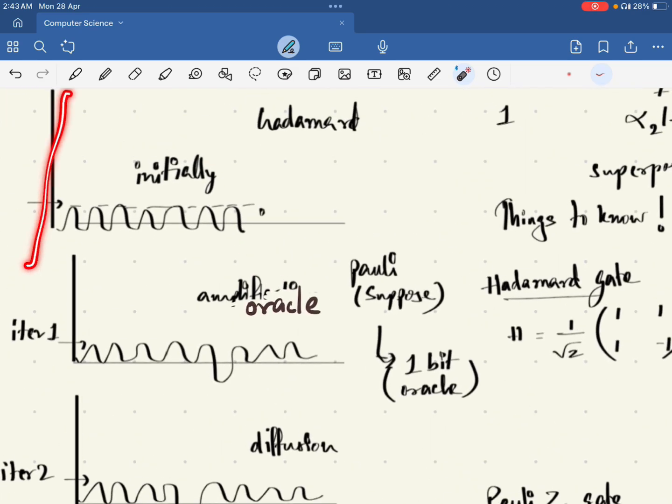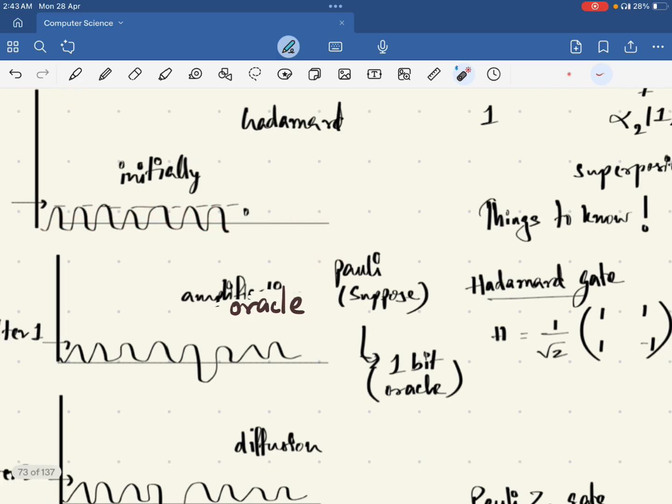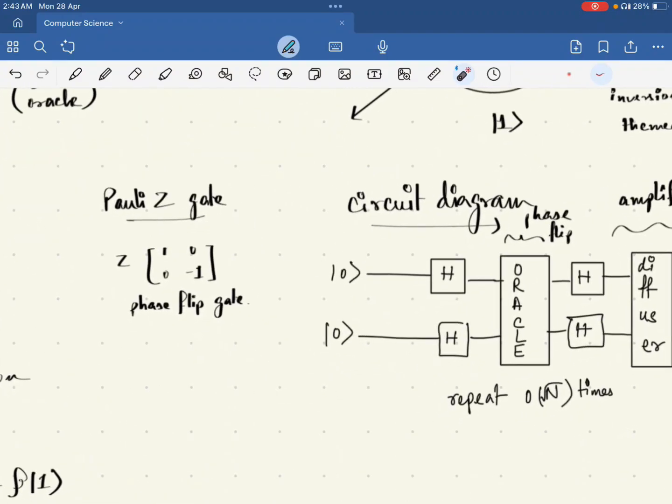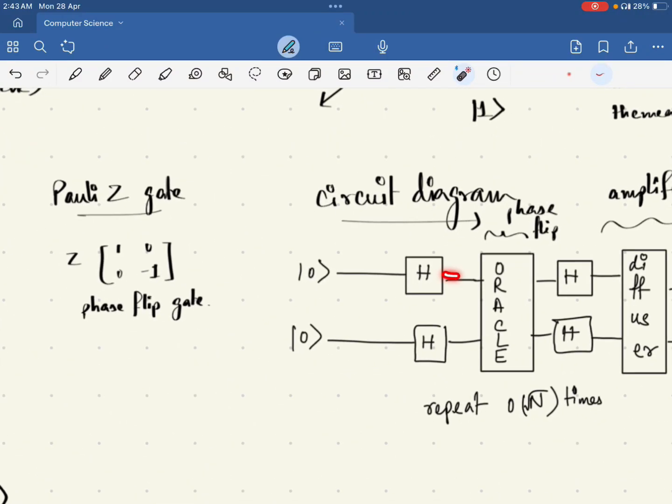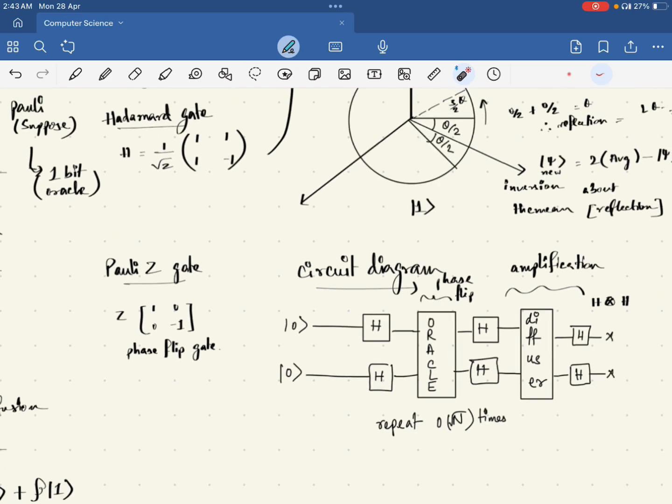After passing it through the Hadamard gate, initially we get this type of graph, the amplitude graph. The Hadamard gate helps us measure the states properly with a uniform amplitude for all the states.